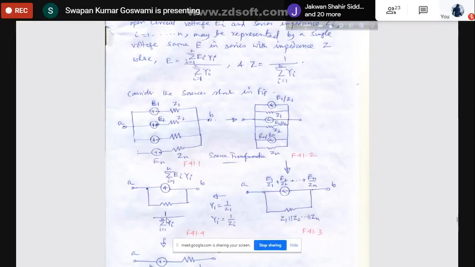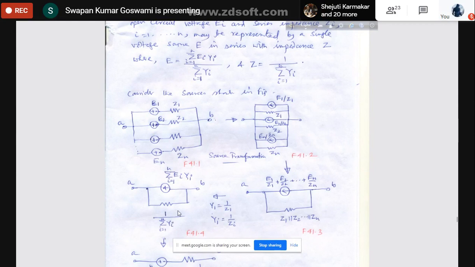Yi is basically 1 upon Zi. So the total admittance is the summation of Yi, and the impedance corresponding to that is the reciprocal of that.